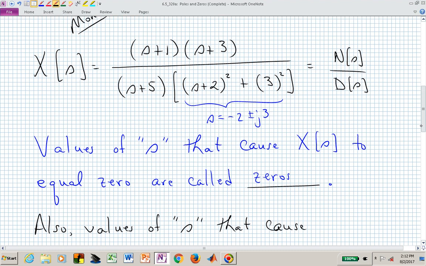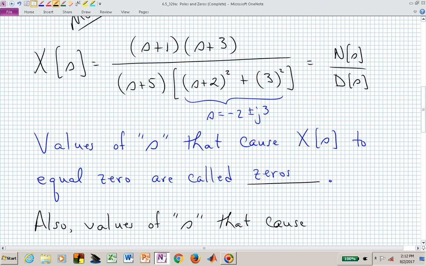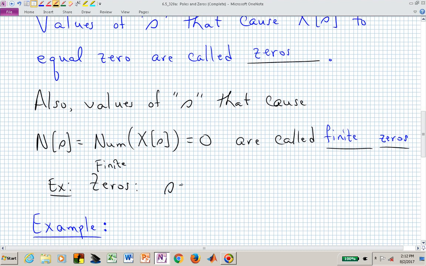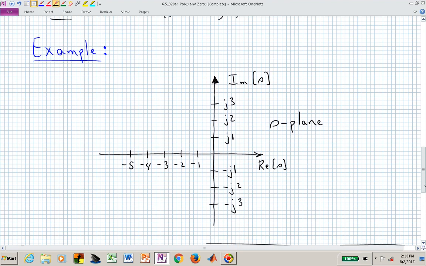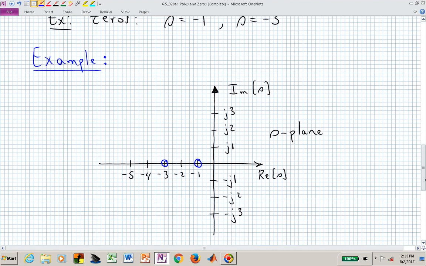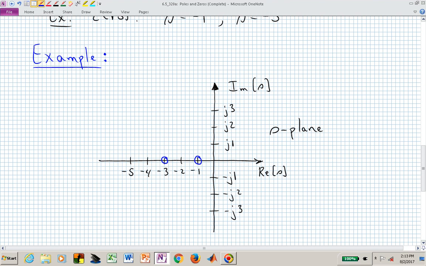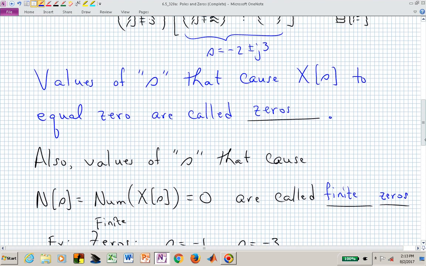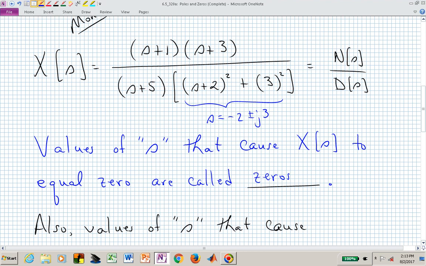It should be clear that, setting each of those factors to 0, s equal to -1 is a finite zero, and s equal to -3 is a finite zero. If somebody were to sketch those in a complex plane, we would represent zeros as open circles. And here we locate an open circle at s equal to -1 and another open circle at s equal to -3. Those are now finite zeros associated with this transform capital X of s.